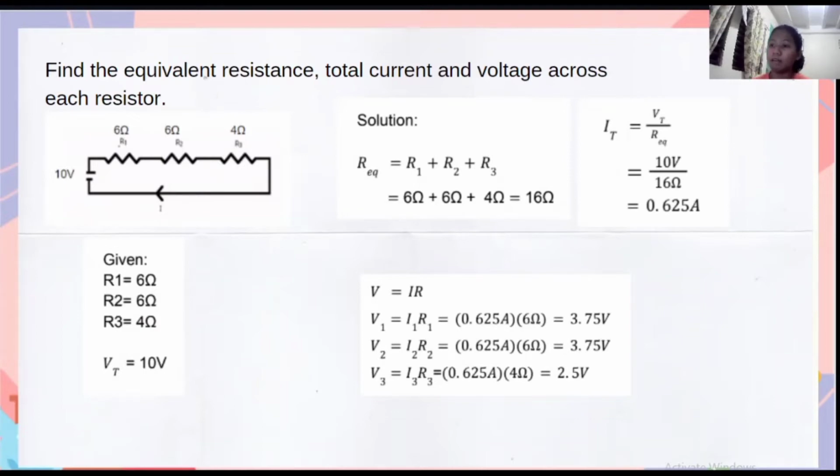And then for the voltage, we substitute also: V1 equals current 1 multiplied by resistance 1. It would be equal to 0.625 amperes multiplied by the resistance, which is 6 ohms, which equals 3.75 volts, and so on.